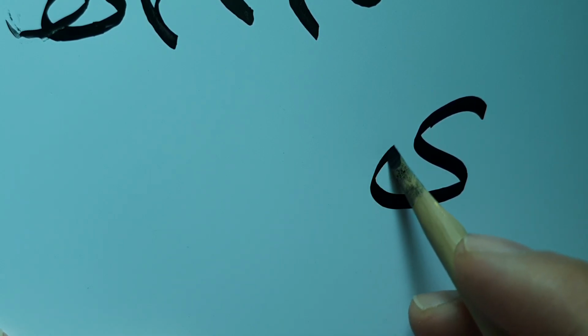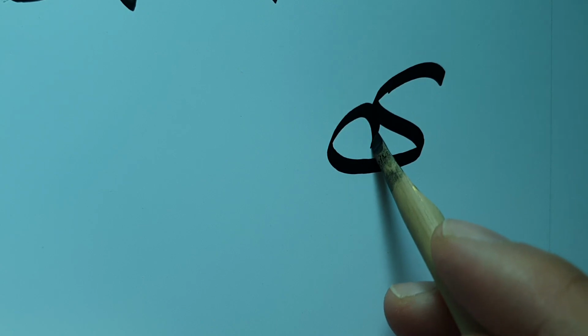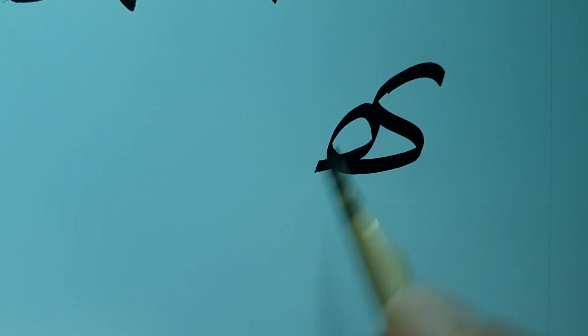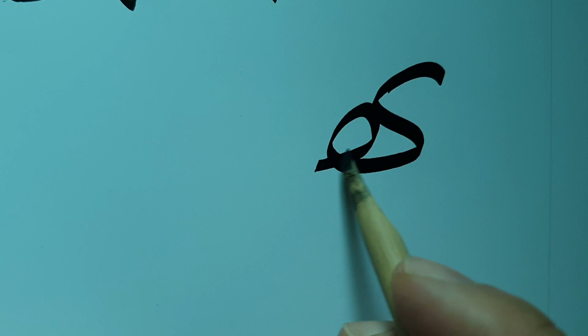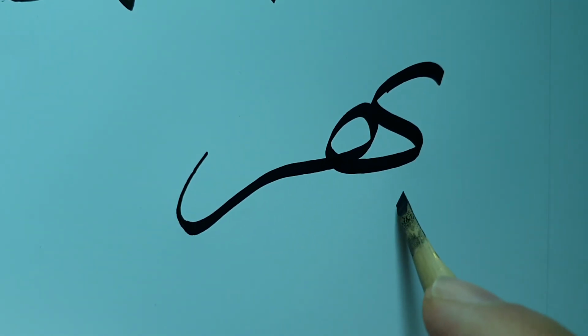Can't believe how tricky it is to write with this phone, with this angle. Again, with the ya, you could choose whatever ya you want. I'm going to choose this one. And the dots for the ya, you could have them next to each other, on top of each other.